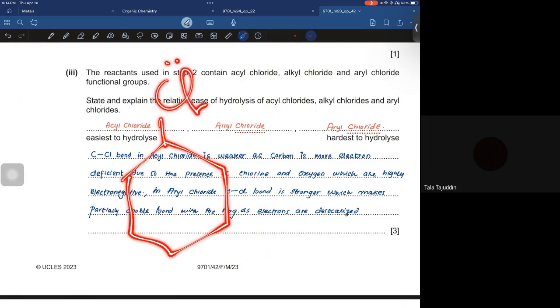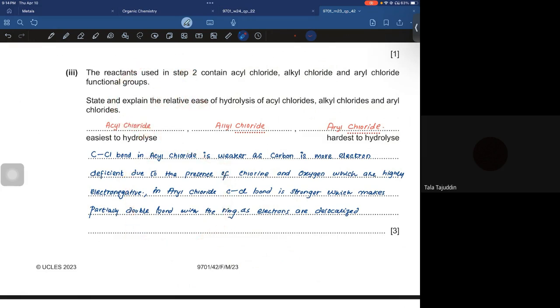Chlorine is an electron donating group, so it's going to donate its electron to the benzene ring. It's going to make a partial double bond with that benzene, which makes it stronger. It's not going to break down easily. That's the reason it cannot be hydrolyzed very easily. Hydrolysis means that the chlorine containing compound would be reacting with water to form an alcohol in an easier manner.